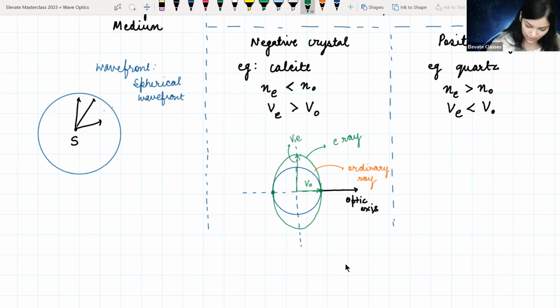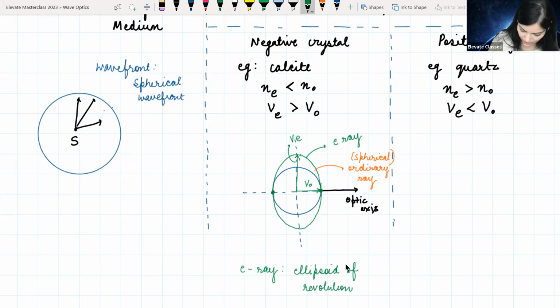So what you can write is that for the ordinary ray, I would get a spherical wavefront. And for an E ray, I would get an ellipsoid of revolution.